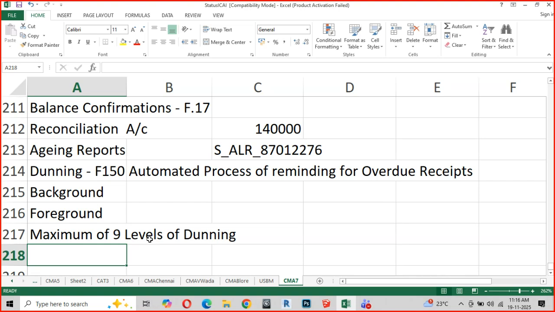And the third letter, which is even more serious, says that since you have not responded to any of our previous reminders, we have no other go but to apply for a court order. Students, this typically happens in Europe and also in the US.